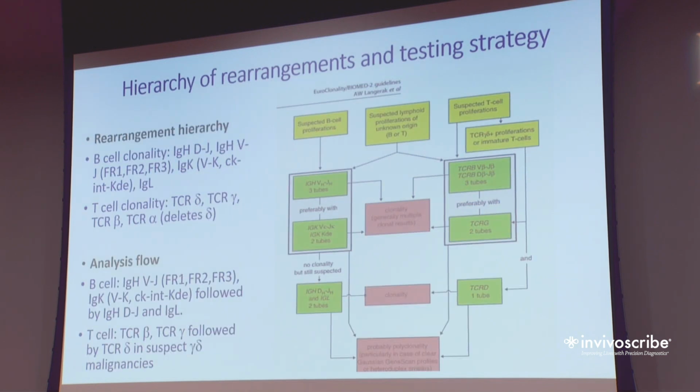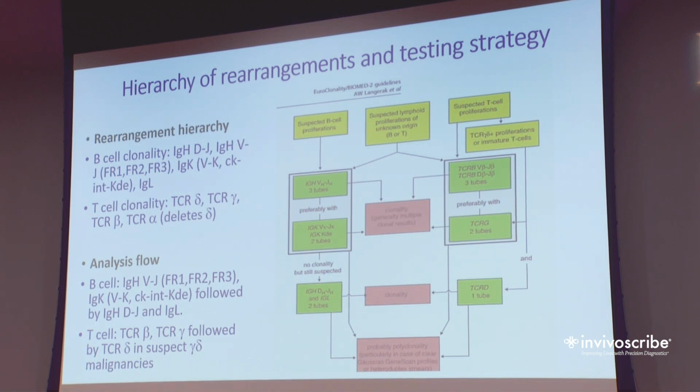So the hierarchy of arrangements, how they actually work, is important if you're trying to see whether you're dealing with a more immature or a more mature lymphoma or lymphoproliferative disorder. So in B-cell clonality, the diversity to the joining segments of the immunoglobulin heavy chain join first, followed by joining of the V region.